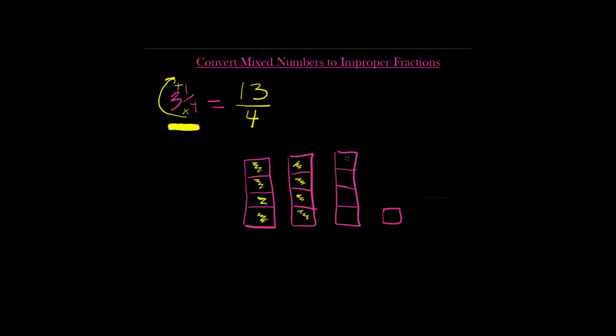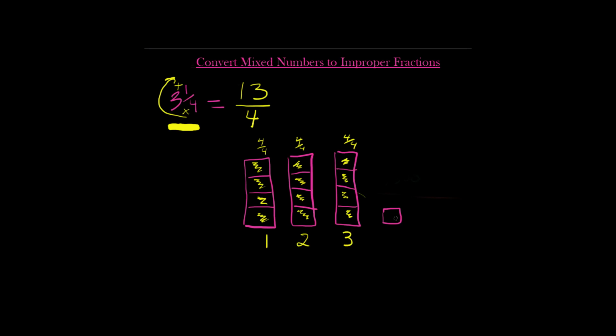So what I've represented here is another way to represent our number 3: 4/4, 4/4, and 4/4. If I asked you to write these as a fraction, you'd say there's 4 colored in over 4. Each one of those equals 1. So we have 1, 2, and 3. There's our whole number 3.